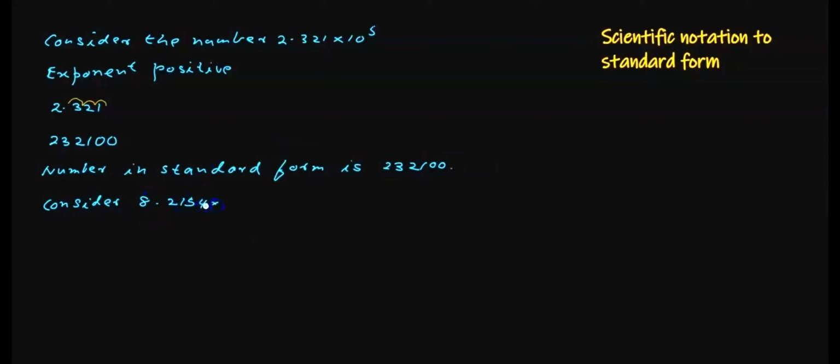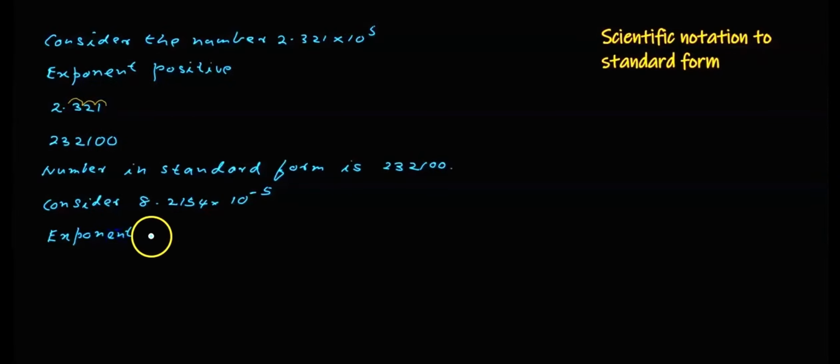Now consider another number. In this, the exponent is negative and equals -5.